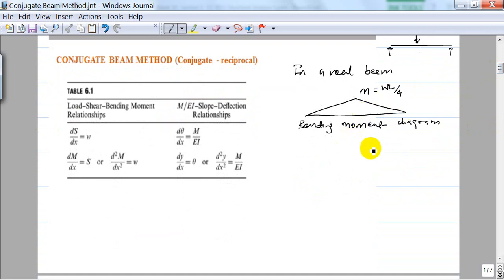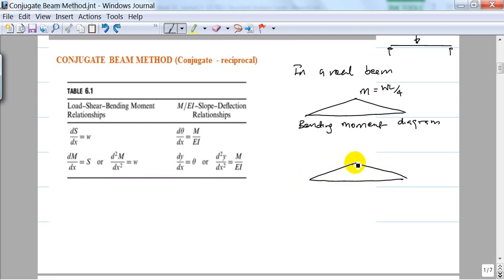Now if I divide this bending moment by EI, the flexural rigidity of the beam, since EI is a constant, my M over EI diagram also looks similar.